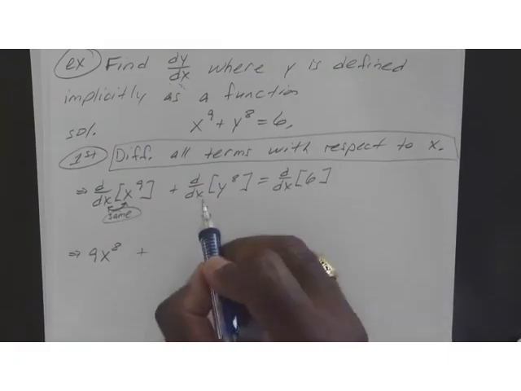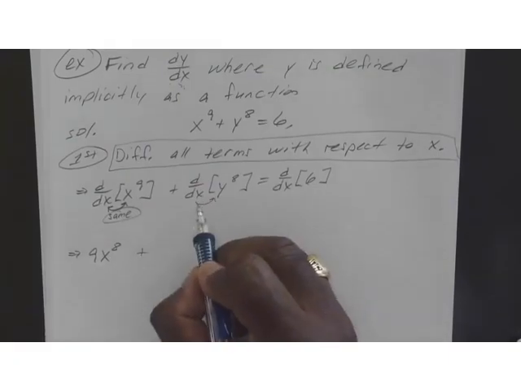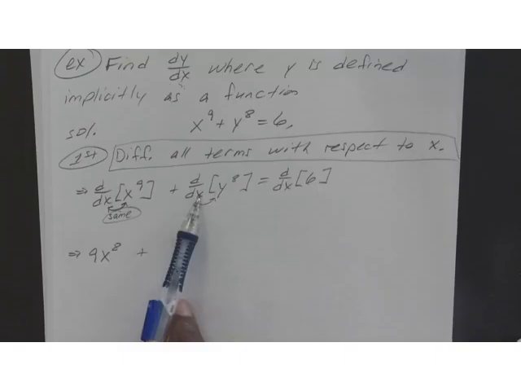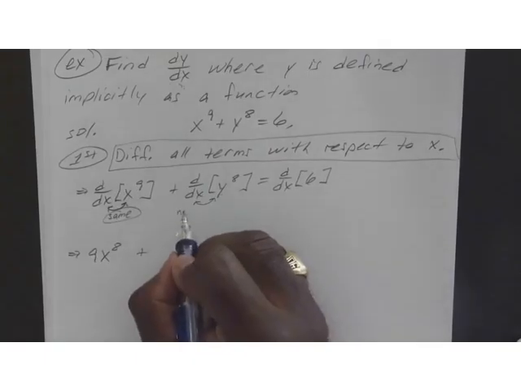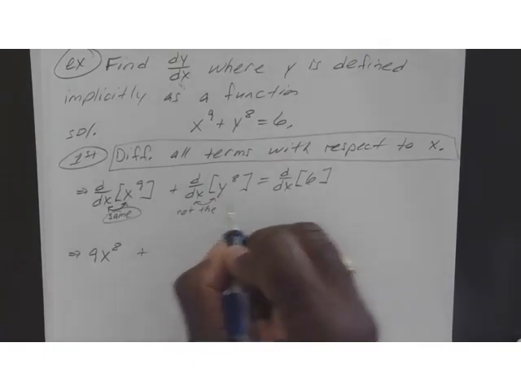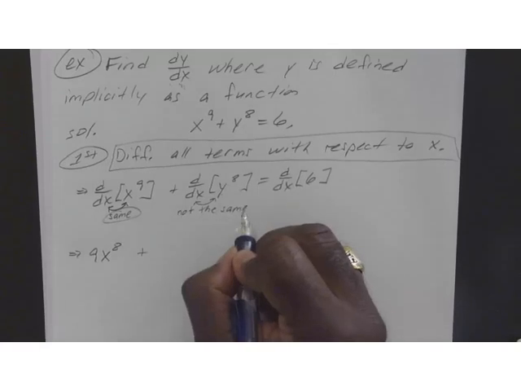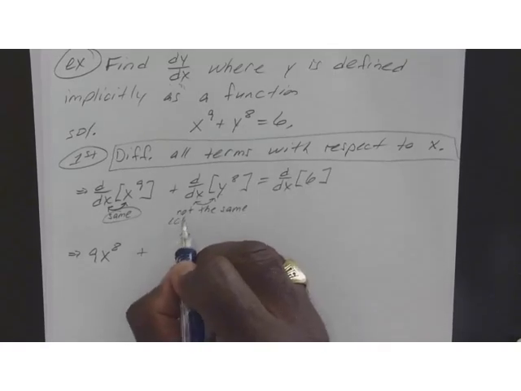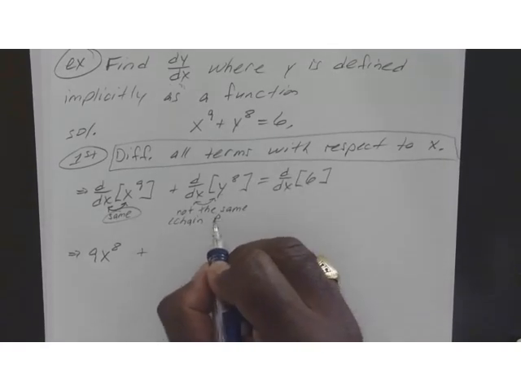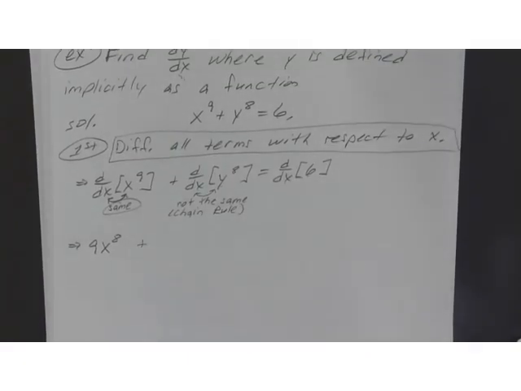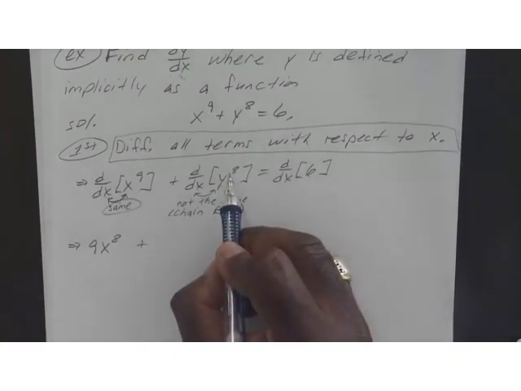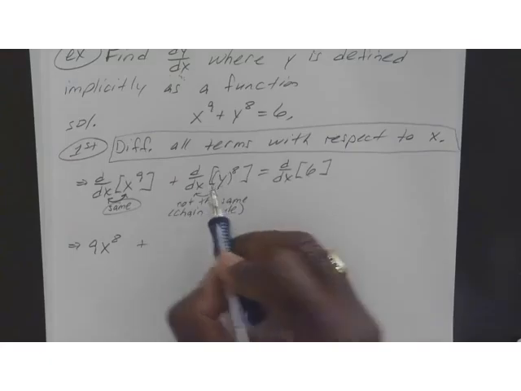Plus, if you notice here, these two are not the same. You have the independent variable x differentiating with respect to the independent variable y. So any term where they're not the same, you're going to use the chain rule. Sometimes it helps if you put that y in parentheses.